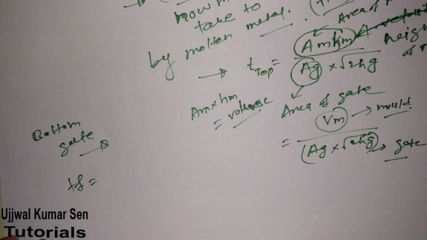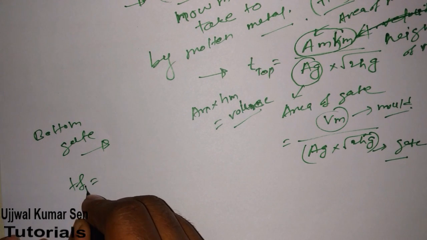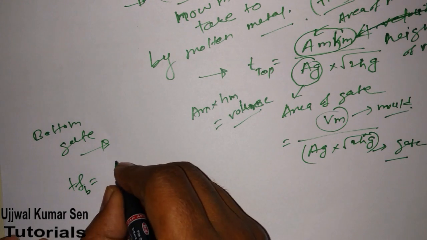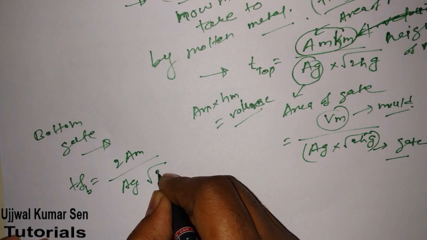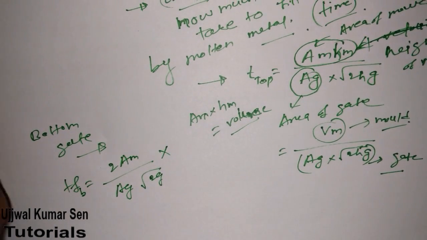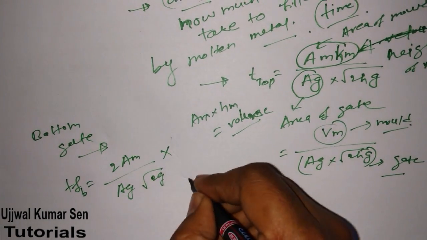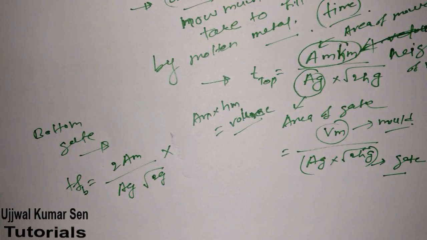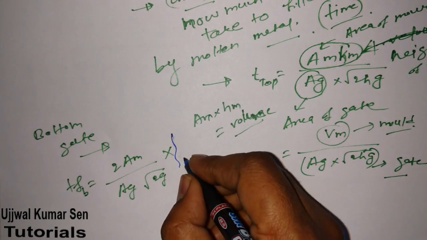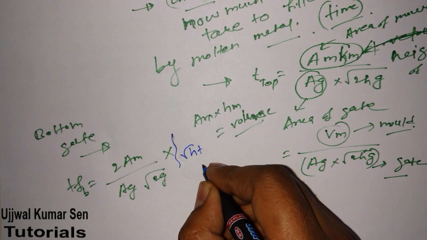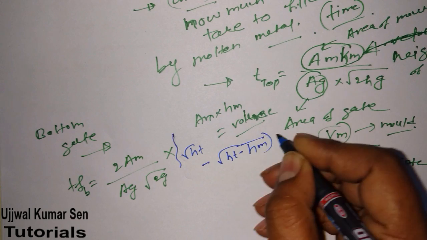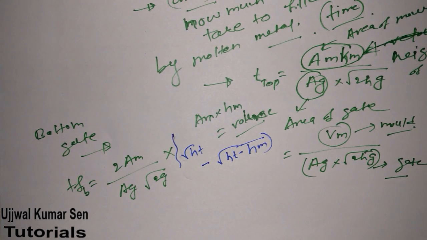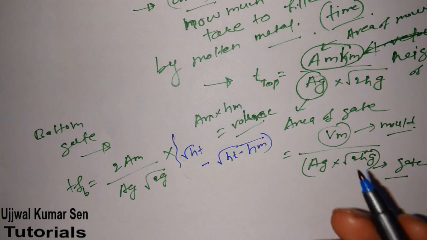TFB, the fill time for bottom gate, is equal to 2 AM over AG root 2G into root under HT minus HM. HT means total height, and HM means height of the mold.